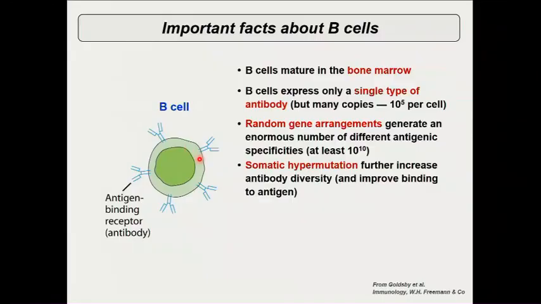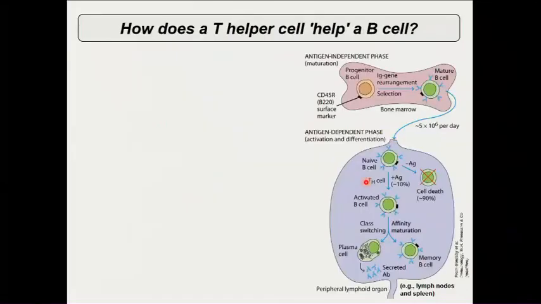Okay, well, complex subject. It's called somatic hypermutation, and it further increases antibody diversity by fiddling exactly with the antigen binding sites of these antibodies. Okay, so how does a T helper cell help a B cell?